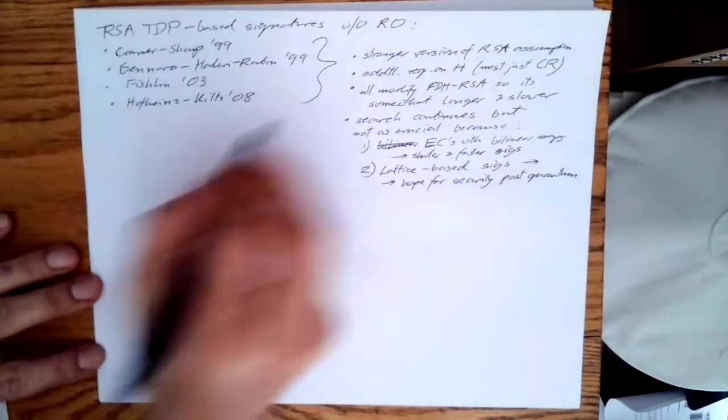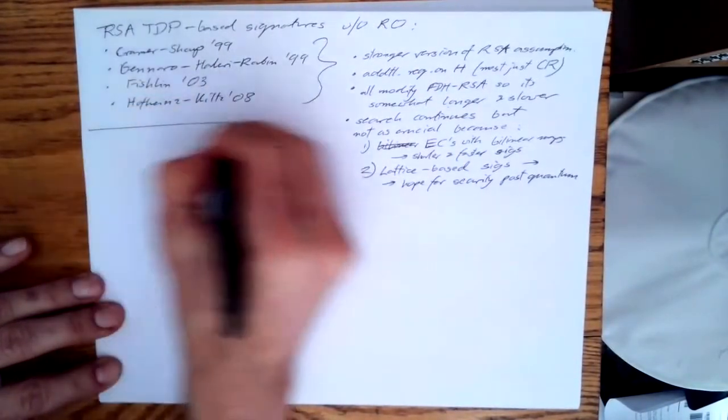So what is the stronger version of RSA assumption?